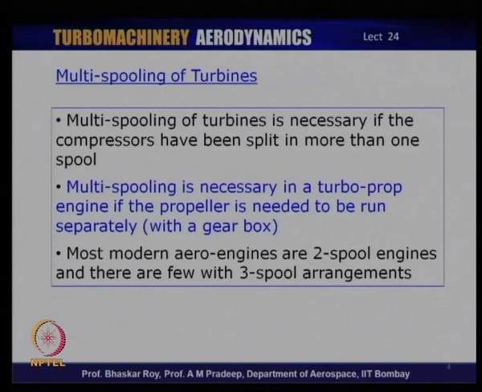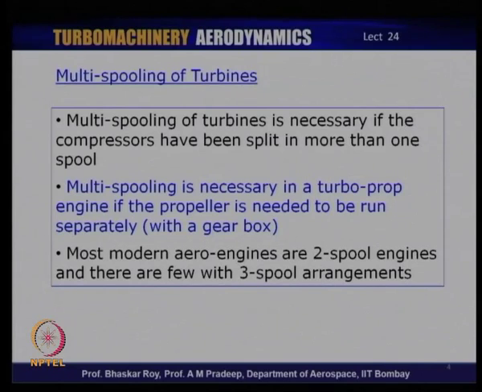Now, this is an arrangement which is typically necessary for turboprop engines, and this allows the other spool, that means the turbine compressor combination, to run at a different RPM, normally at a higher RPM. As we have seen before, you can have a spool of turbine, compressor and combustion chamber, which is often called the core of the engine.